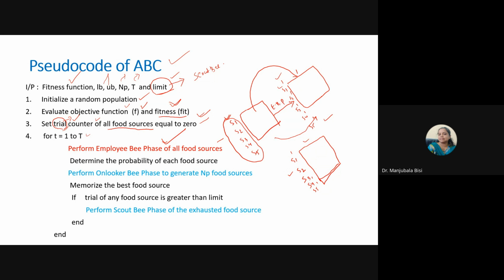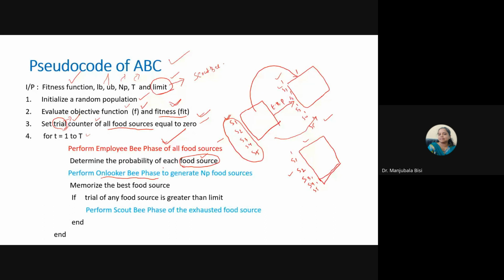Next, we have to perform the onlooker B phase. In order to do the onlooker B phase, we have to determine the probability of each food source. So here food source means your solution, right? If you remember in the genetic algorithm, you have done the roulette wheel selection, right? It is similar to that one.